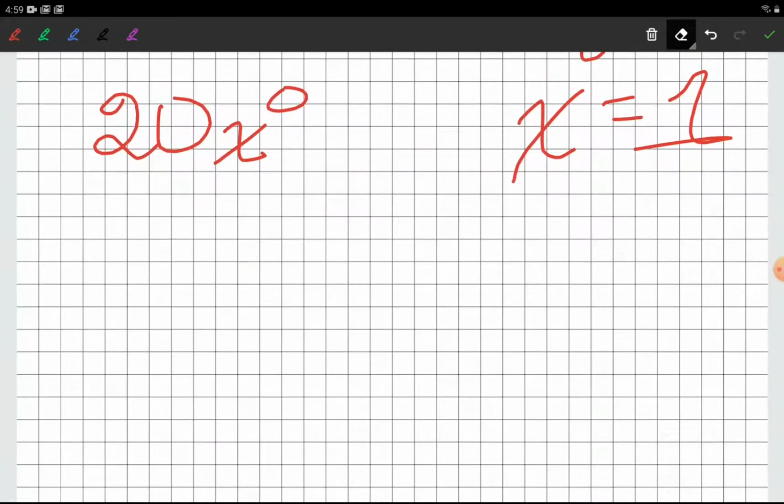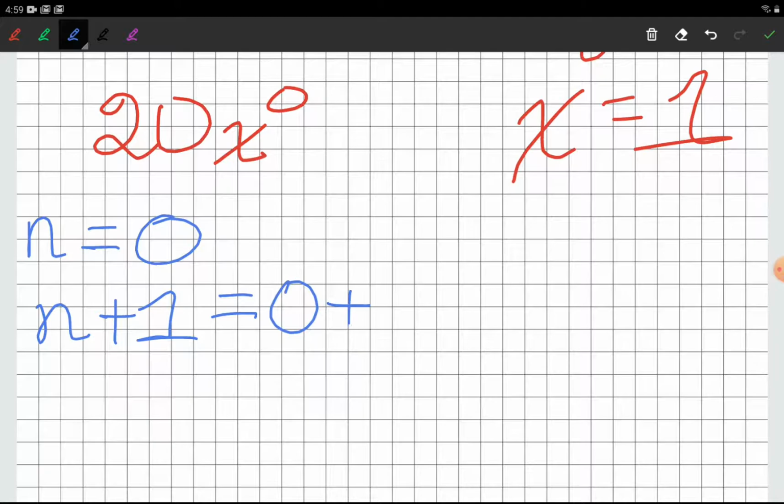All right? So let's move forward. Now that I can visualize an exponent, I can now use the formula, right? So right now n is 0, and n plus 1, 0 plus 1, is 1. That's what we've been doing.